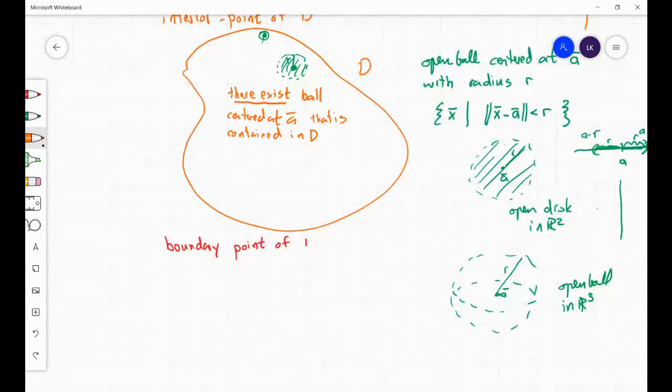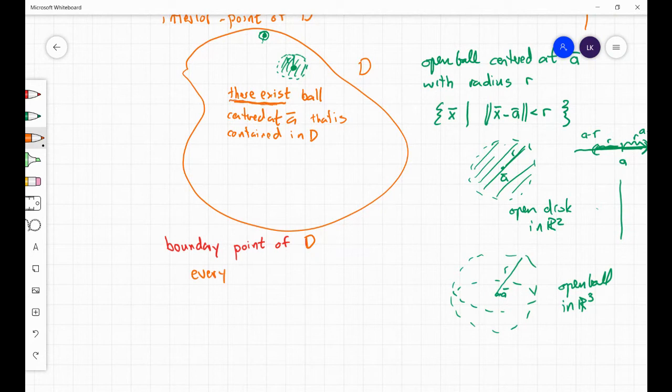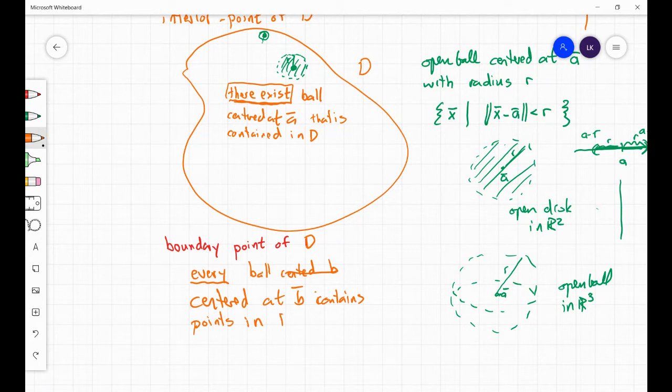But the boundary point of a region is one where, notice that here there's at least one ball, but here we have every open ball centered at the point contains points in D and outside, not in D, right?